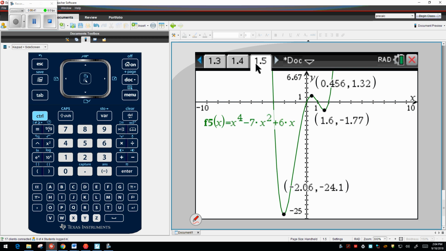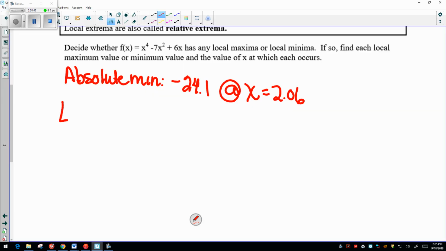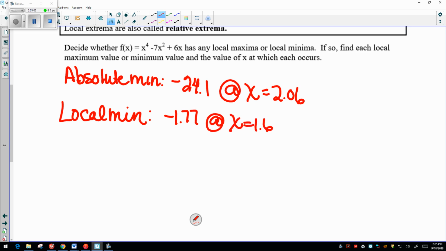It is not the lowest of low, but it is a low point. So we can call that a local minimum. Now again, you're going to tell me the y value that it happens at. It happens at negative 1.77 when I see my x value is about 1.6.